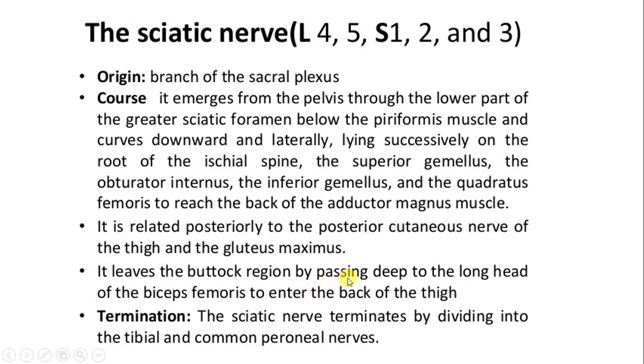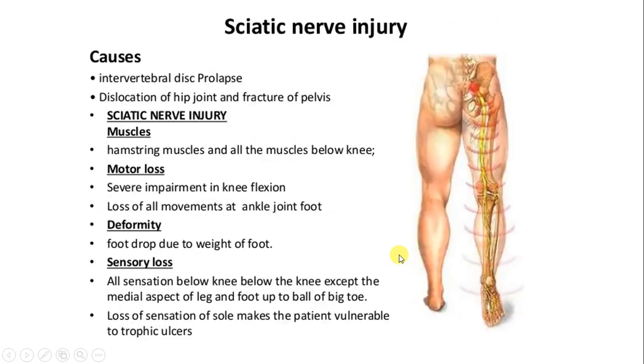It leaves the gluteal region, passing deep to the long head of the biceps femoris and to the back of the thigh, and it terminates dividing into two nerves, tibial and common peroneal.